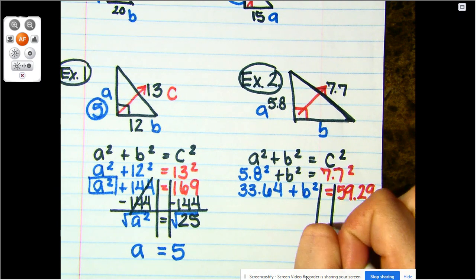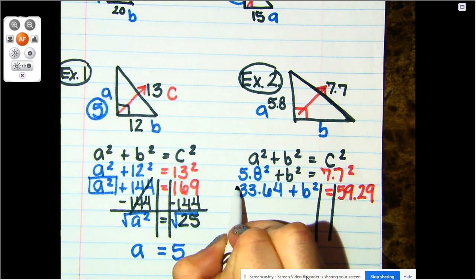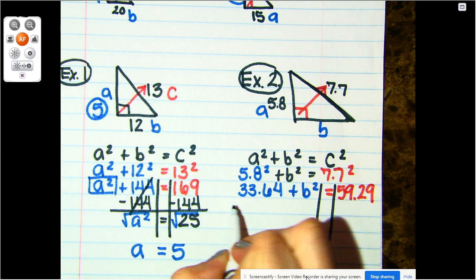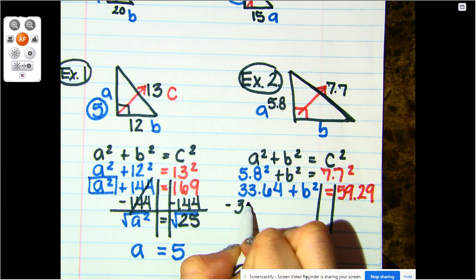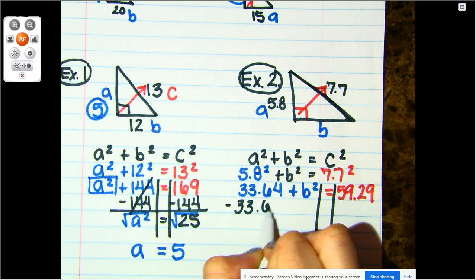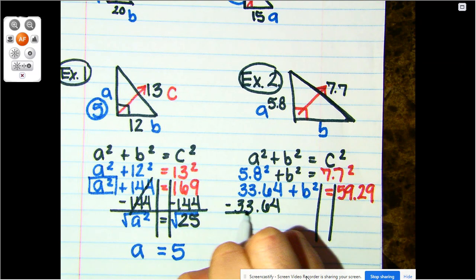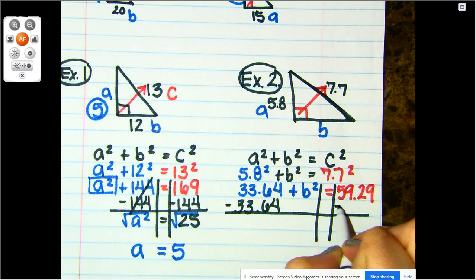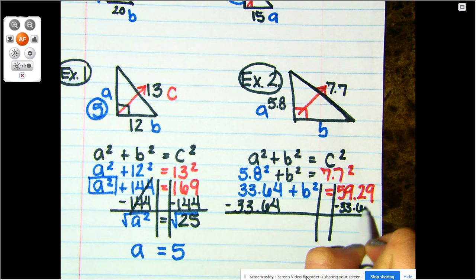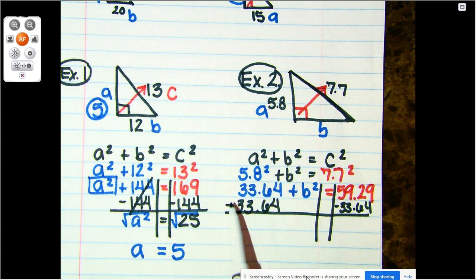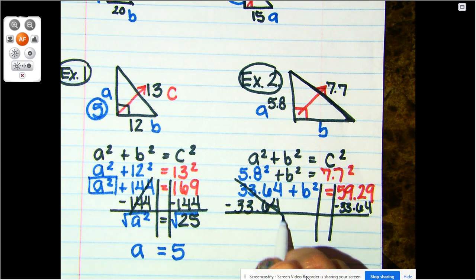So we're going to do the opposite, or inverse, operations. This is a positive 33.64, so to remove that from this side and get 0, we need to subtract it on both sides. This in fact does give you 0, so you're left with b squared.